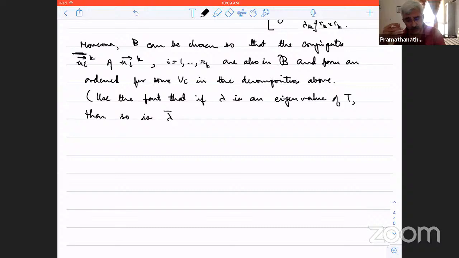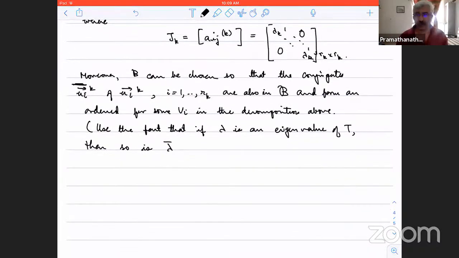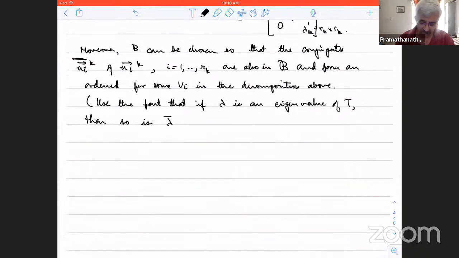Therefore, if there is a non-real root, its conjugate is also there. Even if there's a real root, its conjugate is there, but then the conjugate is itself. So if you use that, you can very easily say that if V_1 through V_k form a basis for what's called a generalized eigenspace of the form V_i, then if you look at the conjugates, that will form a basis for a similar thing.